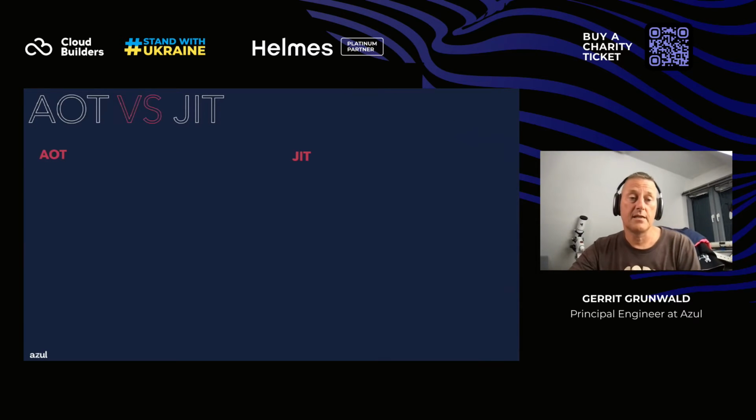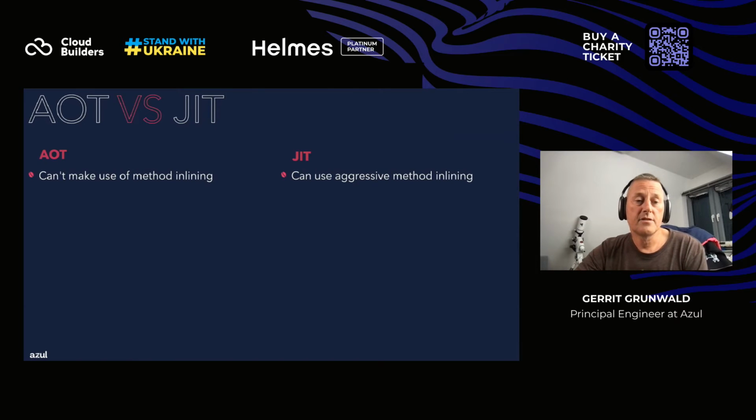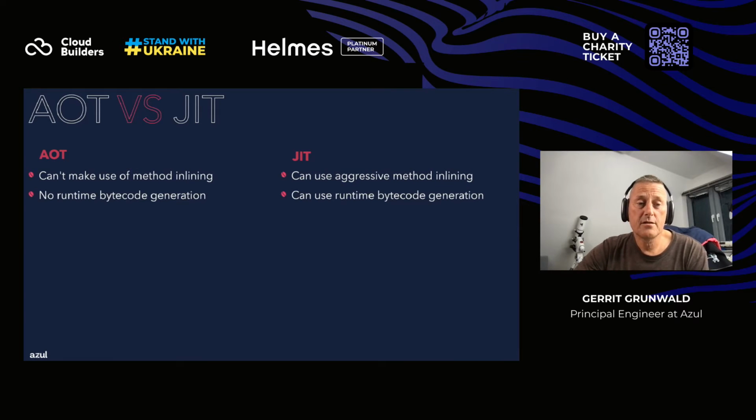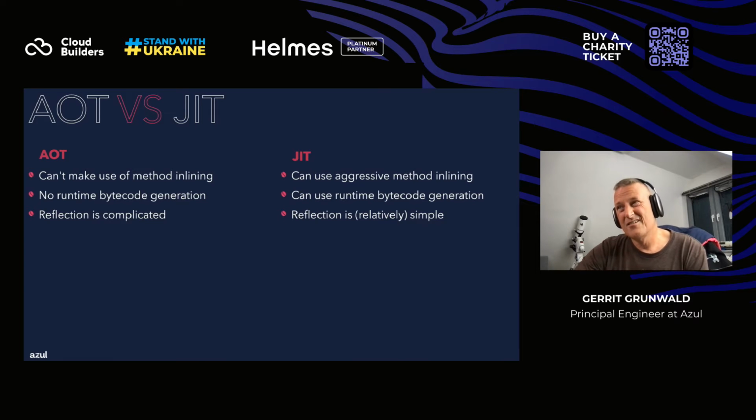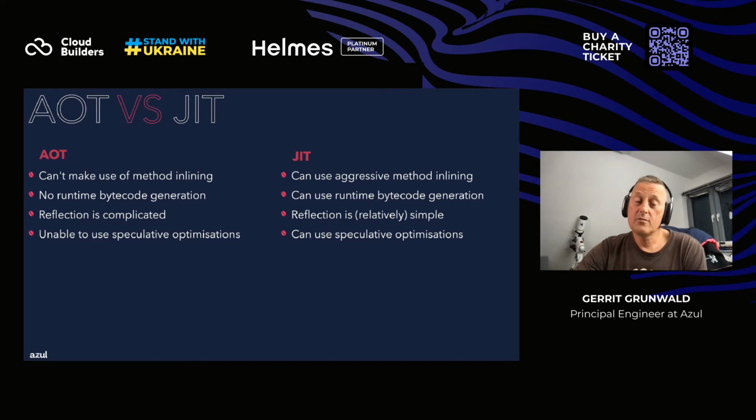So if we compare it side by side, then it means the AOT can't make use of method inlining heavily like the JIT can. And there's also no runtime bytecode generation. Reflection is not that easy using AOT. It is possible, but not really good. You can't use speculative optimizations.